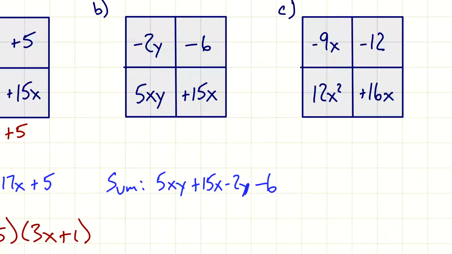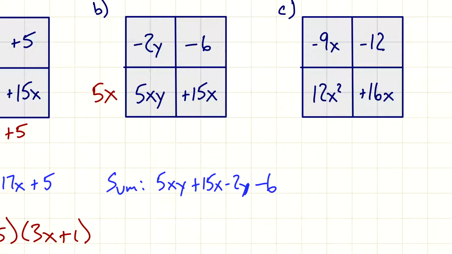And then the next step is looking for greatest common factors. So let's start with the row this time. We have 5xy and we have 15x. Well, I noticed the 5 right away, and they also have an x. That's perfect. So they have a 5x in common. And then at the top, I see a 2 and a 6. Right away, I realize that 2 goes into both of those. But not just any 2.